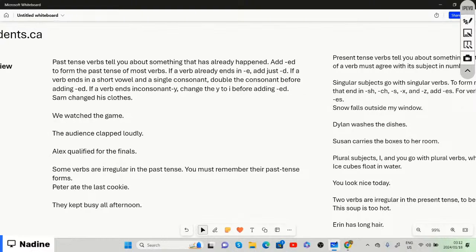So if we think about the past tense, right? The past tense verb tells you about something that has already happened.